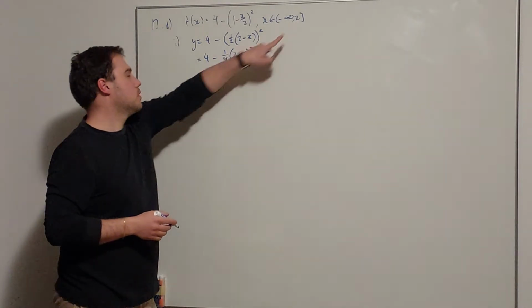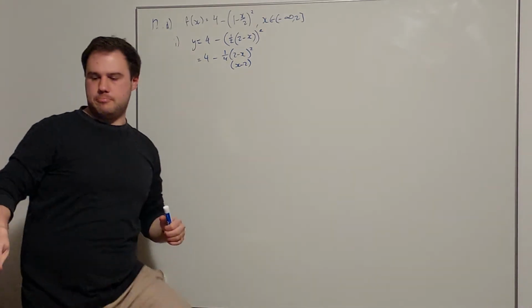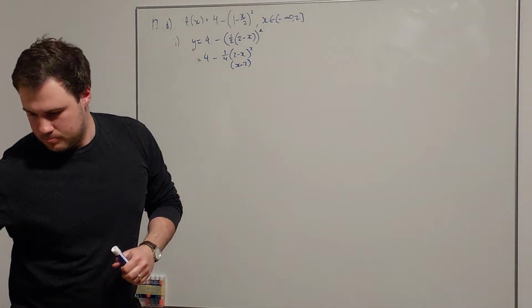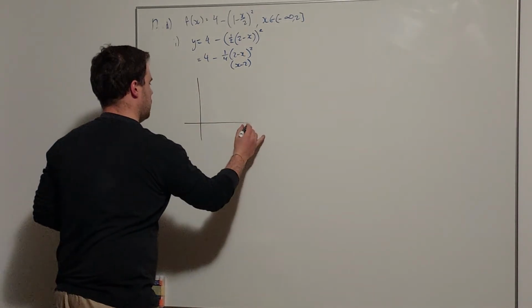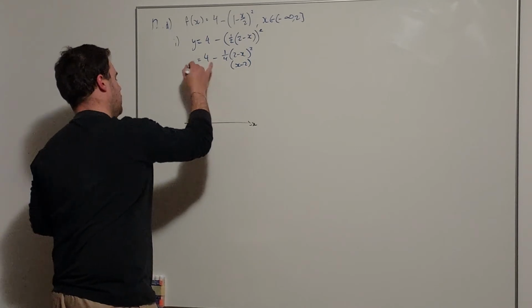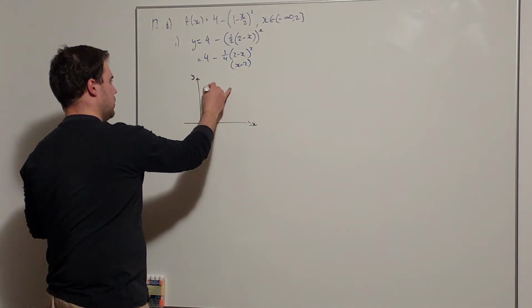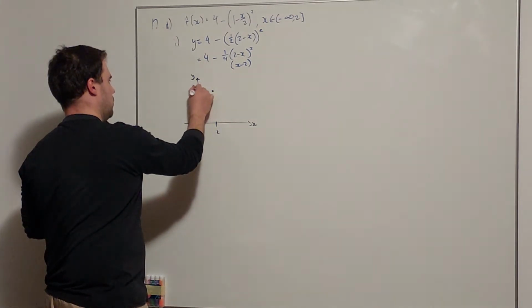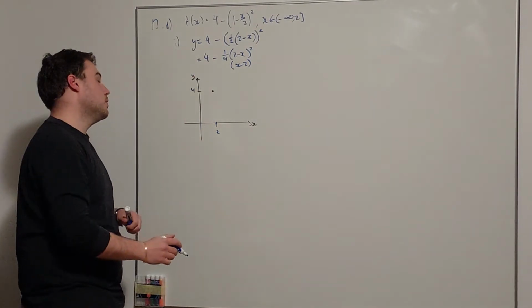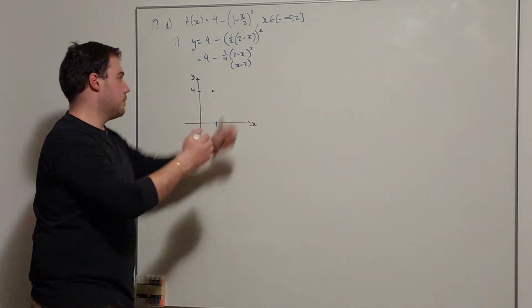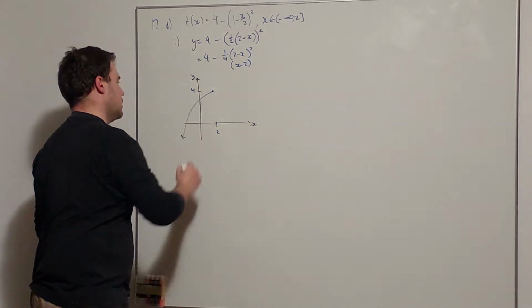The turning point is at 2, 4. It's a concave down parabola, and we're going to the left for this domain given. So it's going to look something like that.